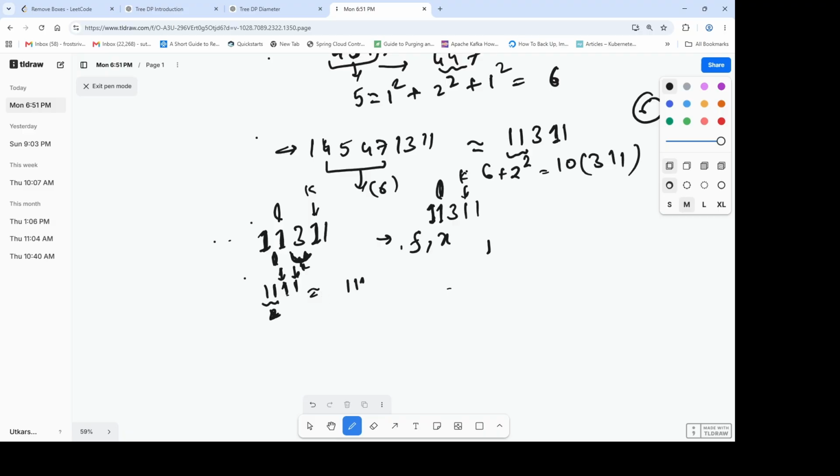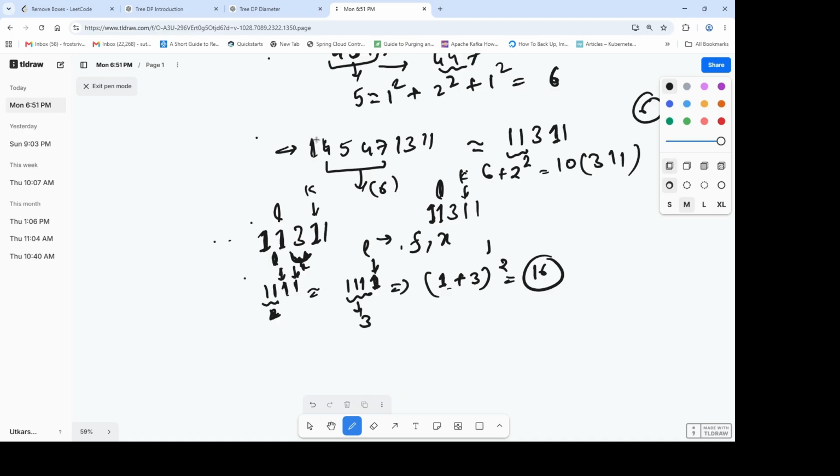So it will be 1 1 1 1, and now L moves here, and this one is carrying 3 extra 1 with him, so 3, right? So now if we try to remove these boxes, what will be the score? Length of this one, 1, plus length of these 3, this will be squared, and it will be 16, right? Which is obviously much greater than if we try to remove them individually.